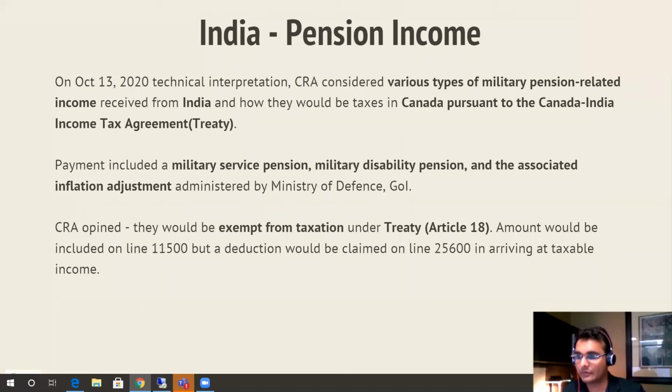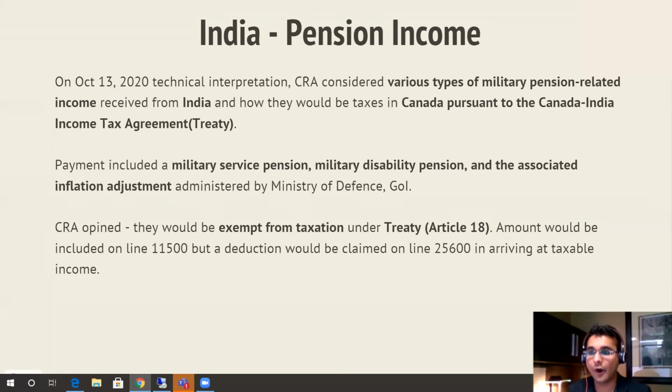Okay, Ankit has a question. What is the rationale for segregating military versus other private sector in order to claim a deduction under line 256? Ankit, I think we'll have to look into Article 18 of the treaty. If that treaty defines any government pension, they always have two different types of pension.